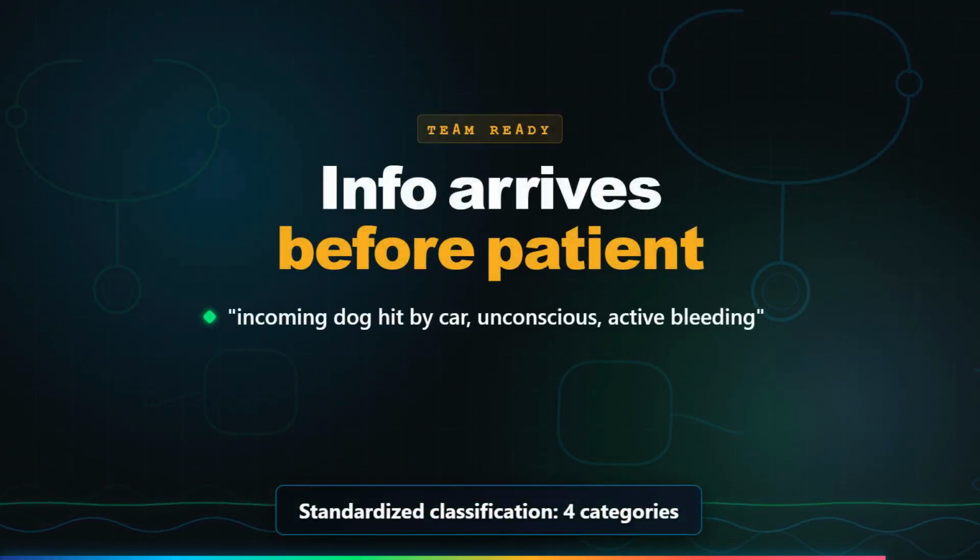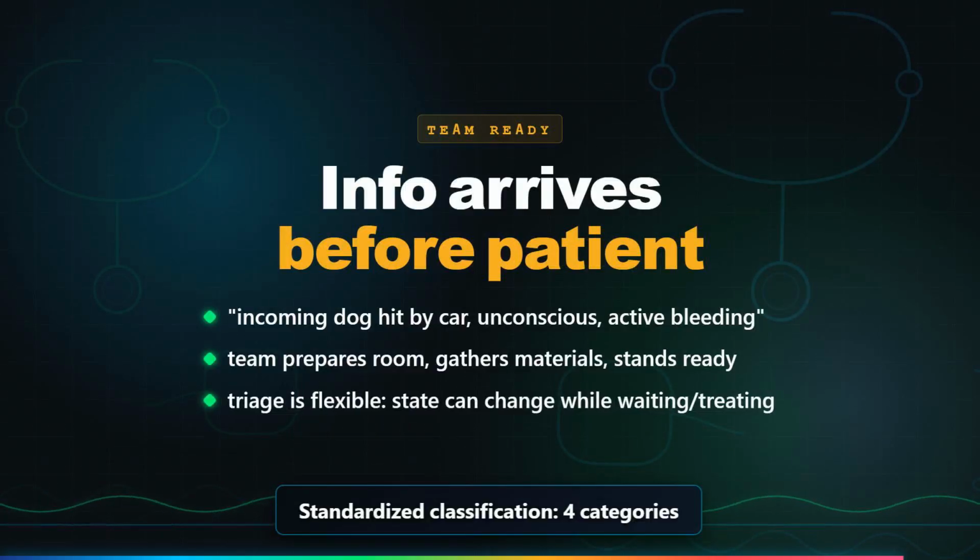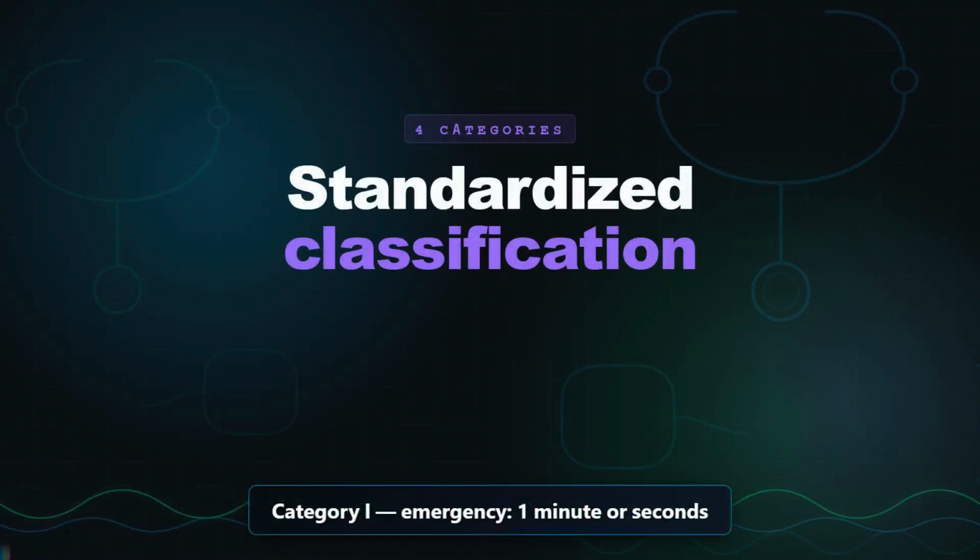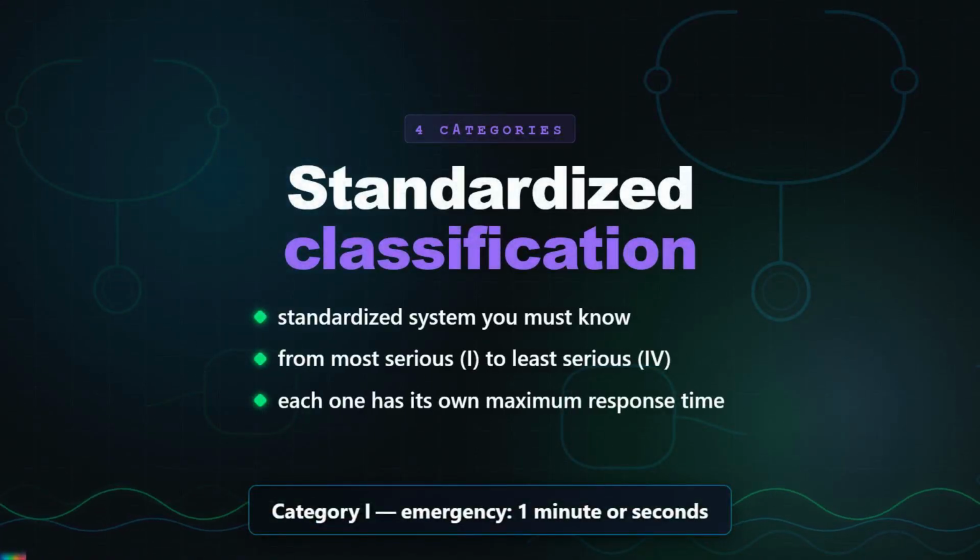There is a standardized triage classification that you need to know. Let's go through the 4 categories, from the most serious to the least serious, with the maximum care time of each one. Category I, emergency, immediate care. These patients must be treated in a maximum of 1 minute, if possible in seconds. Who are these patients?